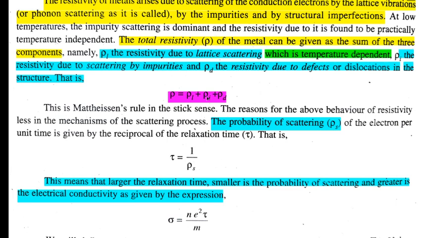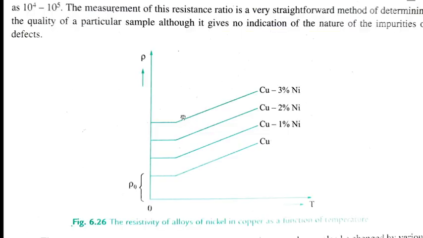Whereas rho I and rho D are not temperature dependent. So rho I is the resistivity due to impurity scattering. We have just seen in the previous graph that when impurity increases, that region remained almost independent of temperature, and it was not affected by temperature.